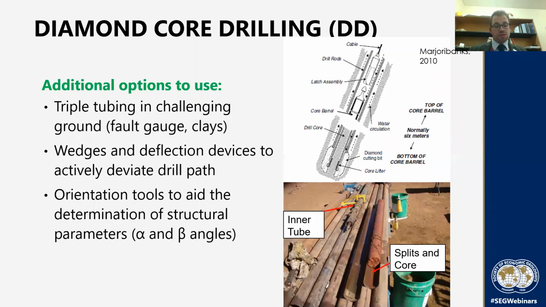And from that, geologists are able to determine structural parameters, such as the alpha and beta angles on fractures and joints, and from there calculate any other geological structures and phenomena.